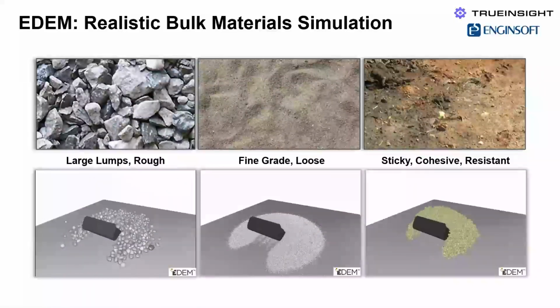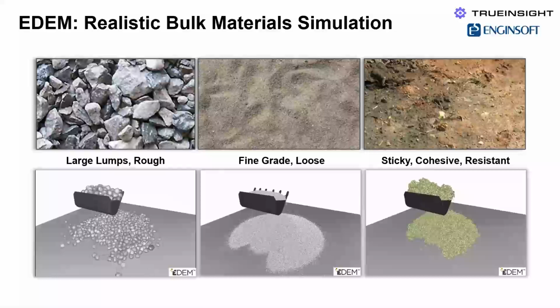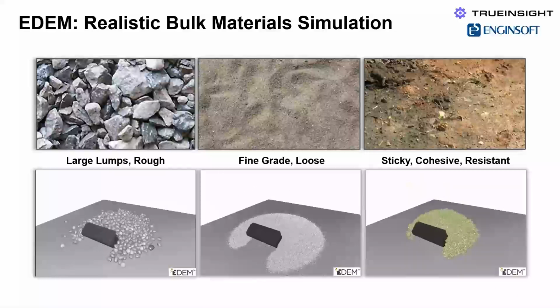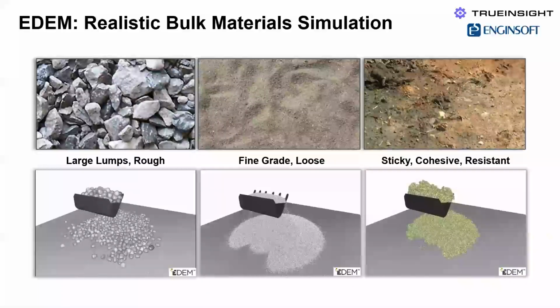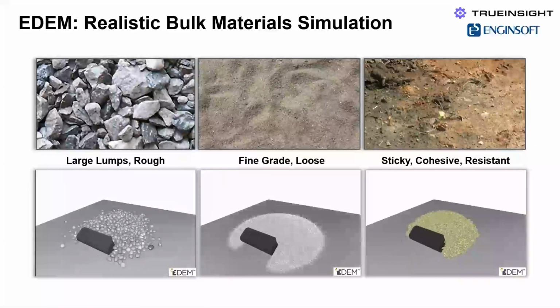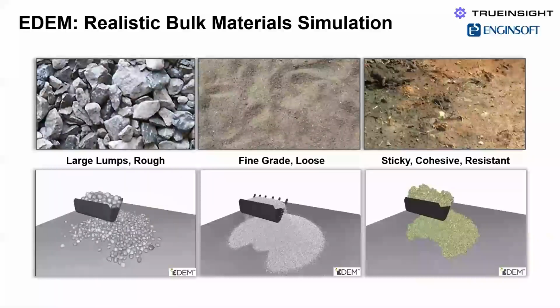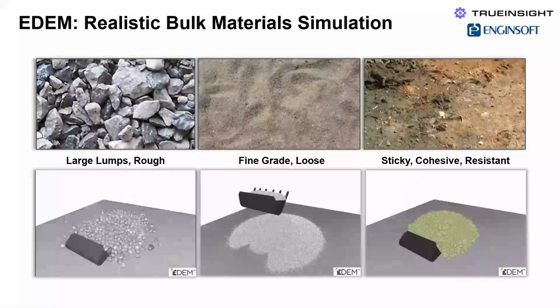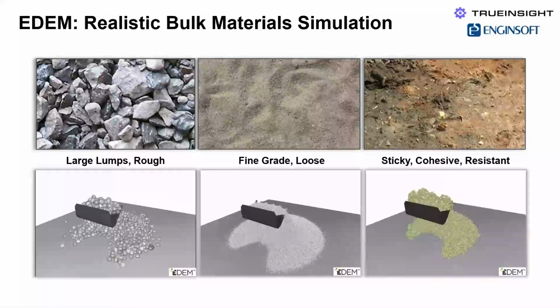So, what are these different types of materials? I mean, we can have the really coarse material, and we see that with like gravel. We have the finer sands, and then we may have a material that's maybe composed of finer sands and maybe has some of the gravel in it. But imagine a clay type of soil where things are sticking together.